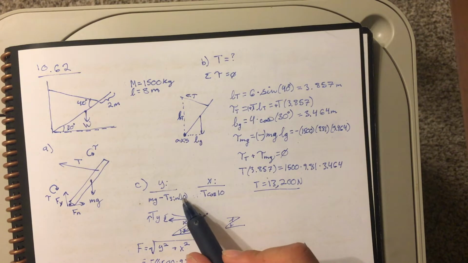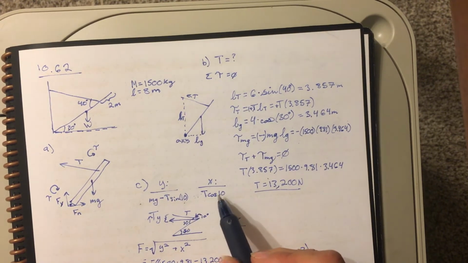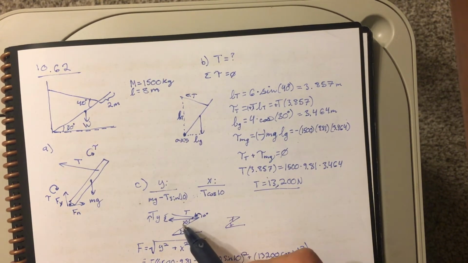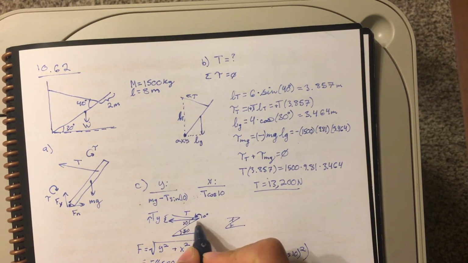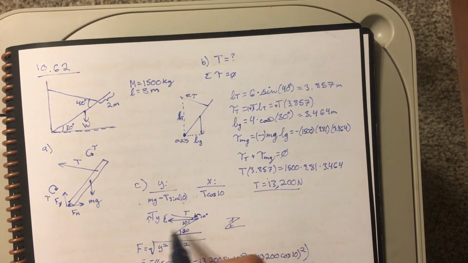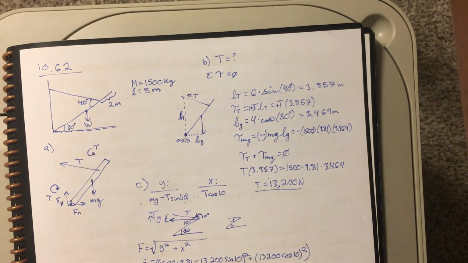That's why it's 10. Then the x component is T cosine 10. Can't really draw that because it would mess up the diagram.